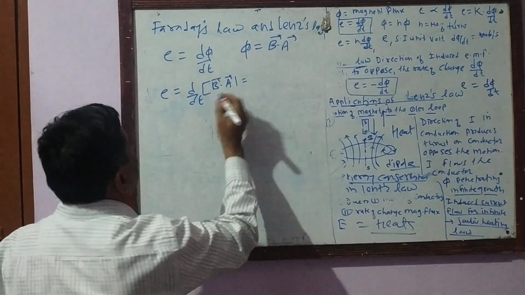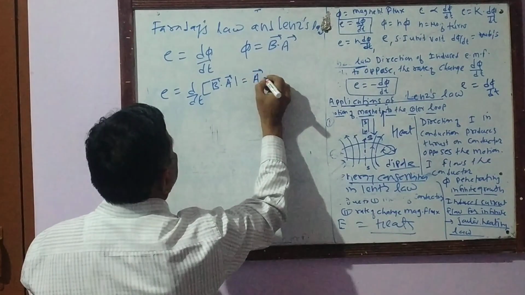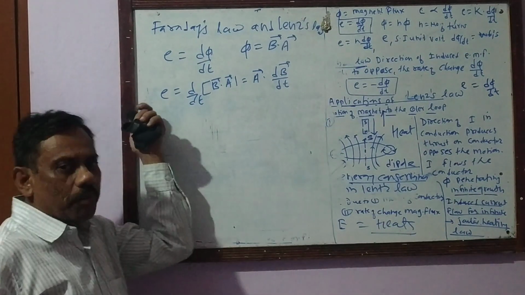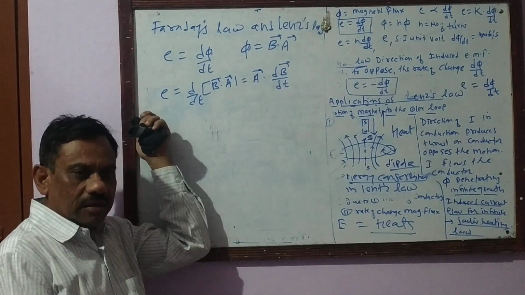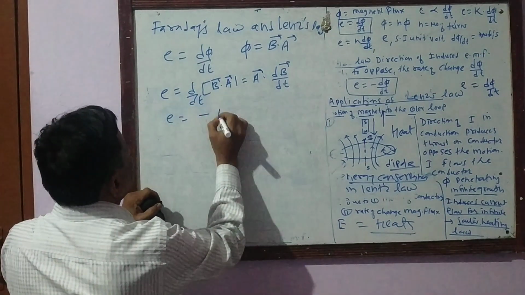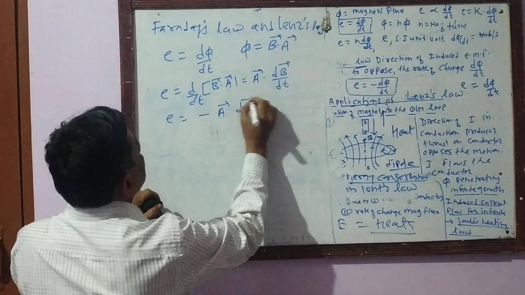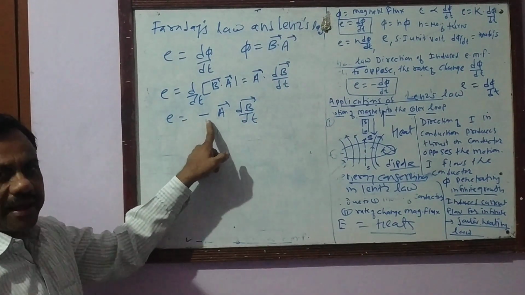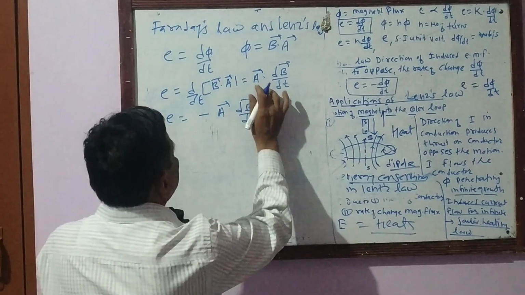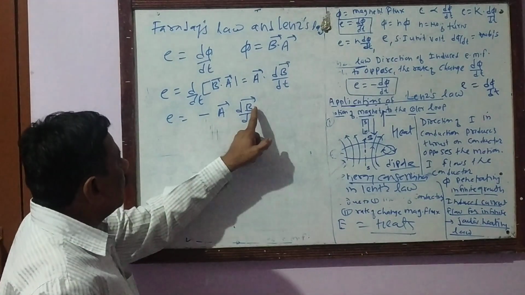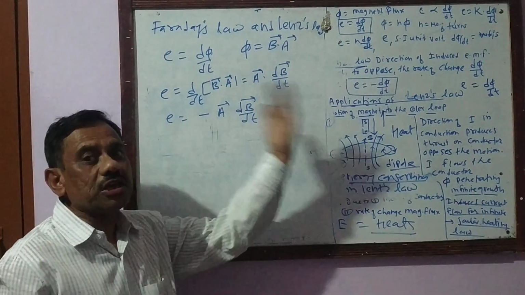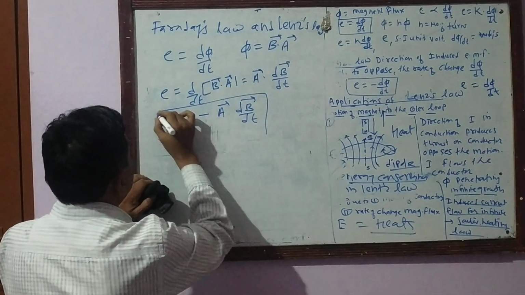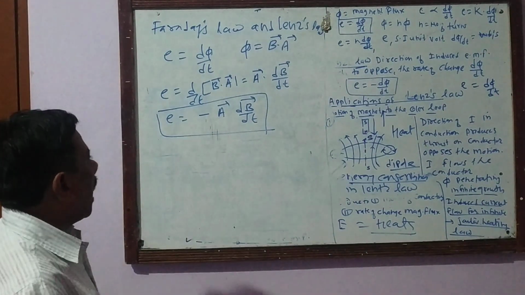Since the area vector A of the coil is constant, it becomes A vector dot dB vector by dt, and by considering the proper negative sign, E is equal to minus A dB by dt. This is Faraday's law with the proper sign convention. Here A is constant, but the magnetic flux changes, increasing with time, hence we have dB by dt.